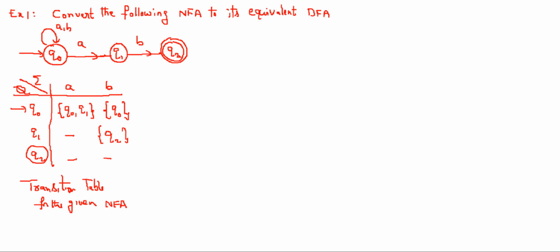So after that, first of all, you have to identify the initial state for the DFA. Whatever may be the initial state in NFA, the same initial state will be applicable to DFA also.